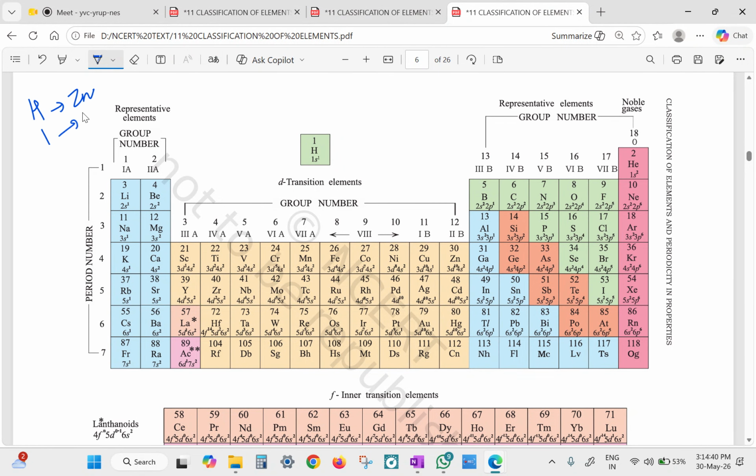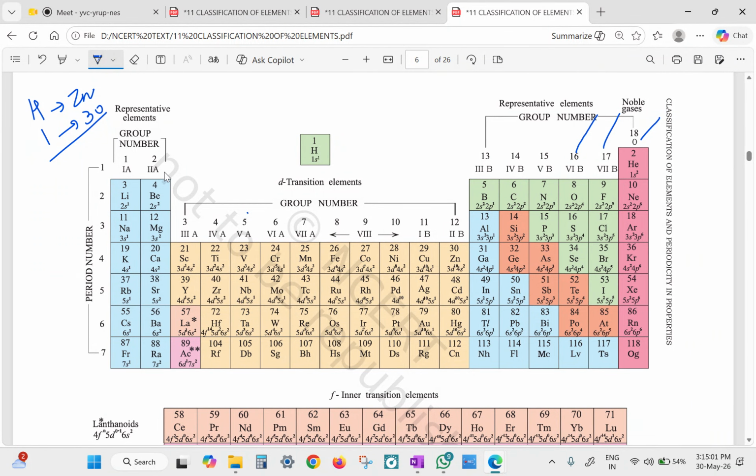That means from 1 to 30, you should definitely know, plus be aware of the position of other elements in the periodic table. Fine? So we learnt about the inert gases, the halogens, and the chalcogens.